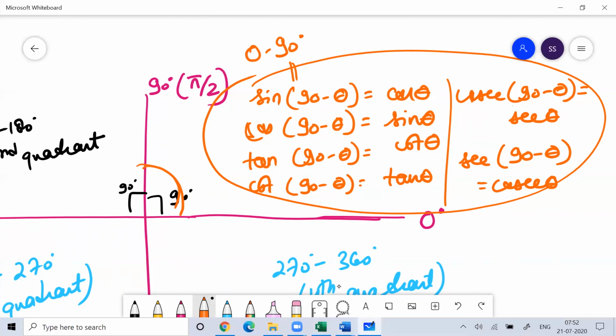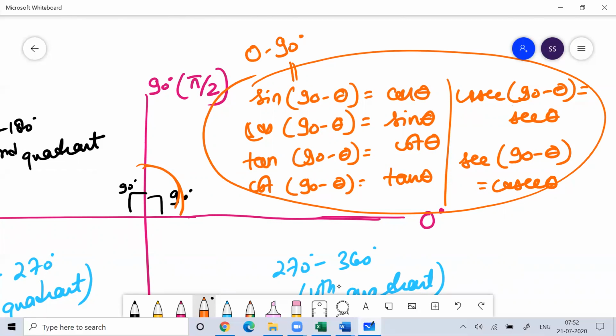If I talk about sine 120 degree, the sine 120 degree is equal to plus cos 30 degree. But cos 120 degree is equal to minus sine 30 degree.